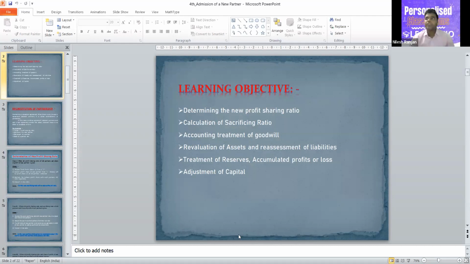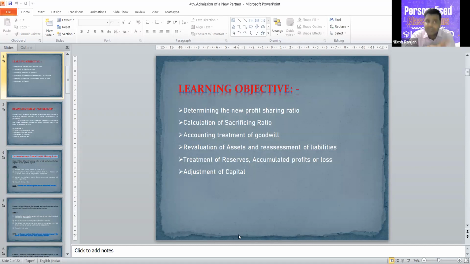And the new partner sees that his capital is more than the capital of the old partners. In that case, he can say that you have to make your capital proportionate to my capital. A new partner can demand this.